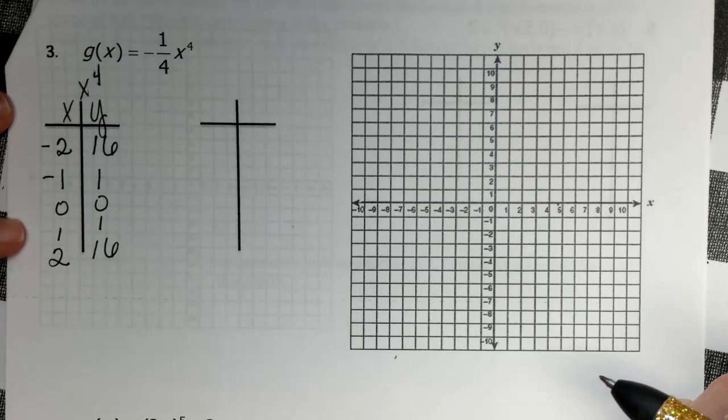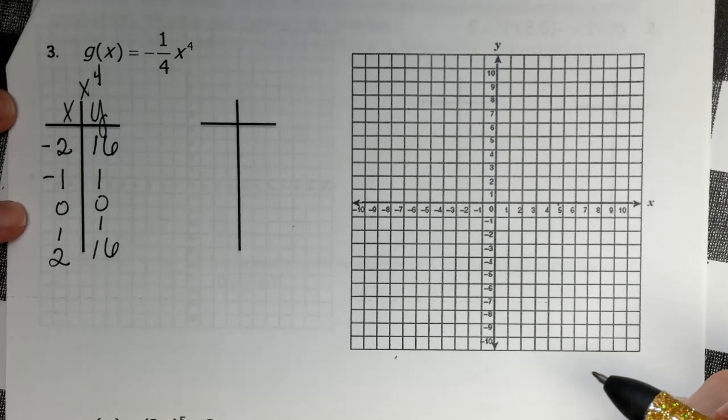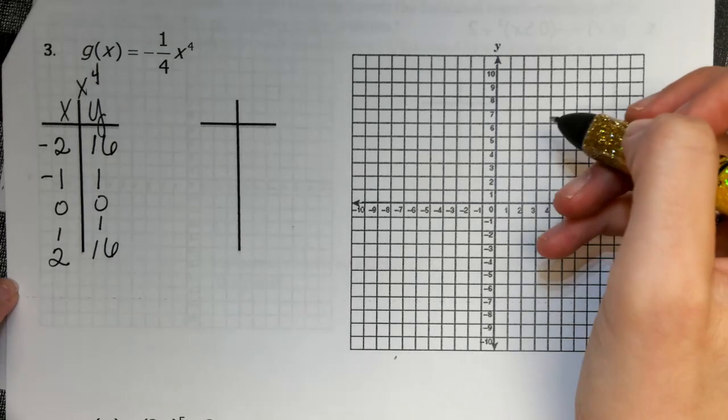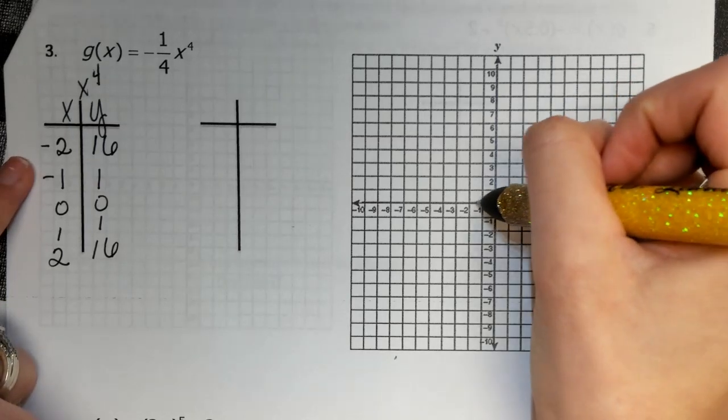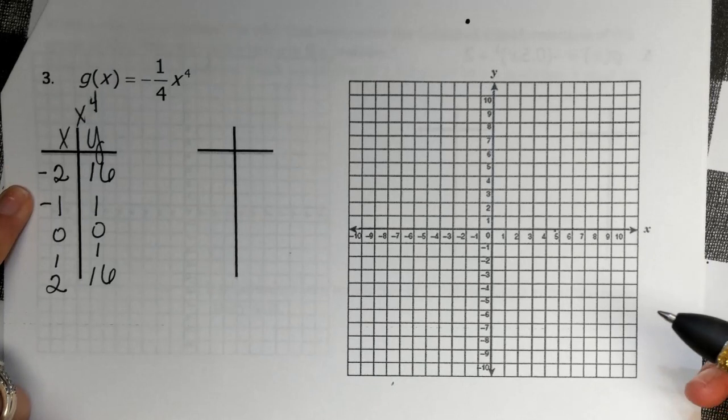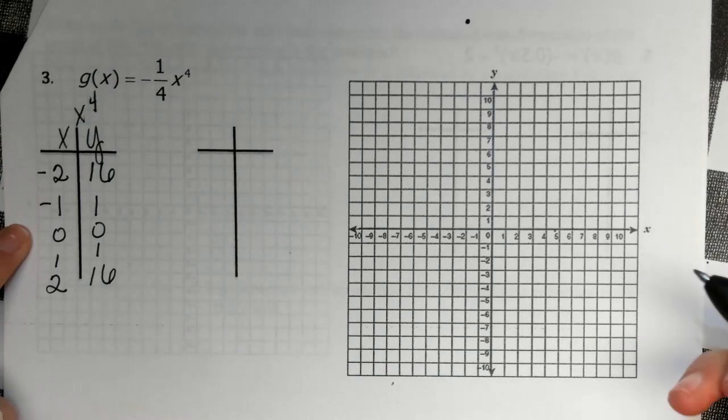So this graph is going to resemble a quadratic, okay? It gets a little bit flatter. Instead of right around the vertex, it gets a little bit flatter, but it's going to look pretty much the same. Now, negative 216 is going to be way up at the top, so just estimate wherever you want to put it.